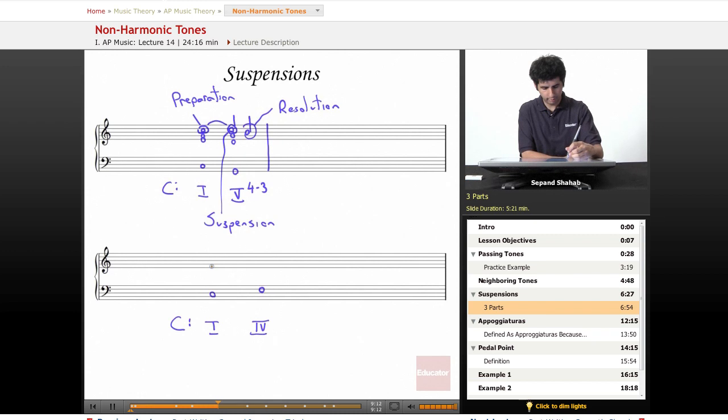And let's put the E on top this time. Or actually, let's put the G on top just to make it easier. So C, E, G. And now we want to tie this G over.